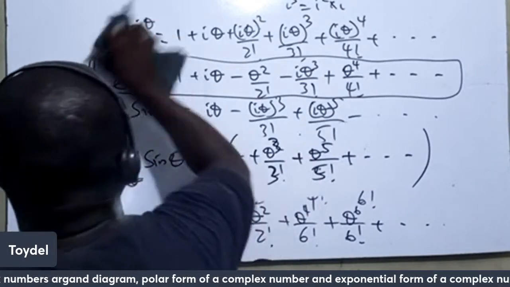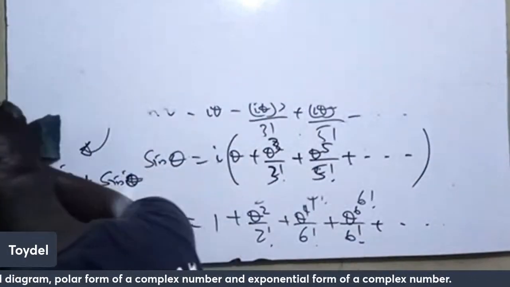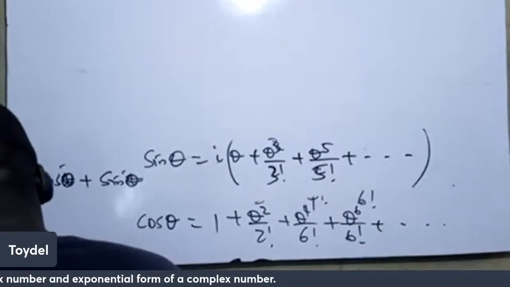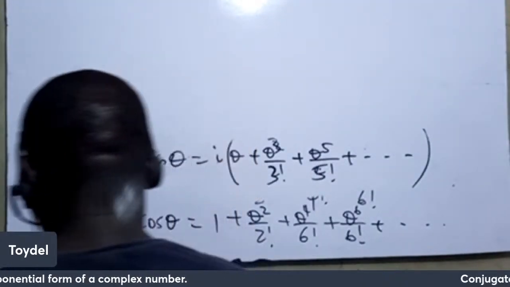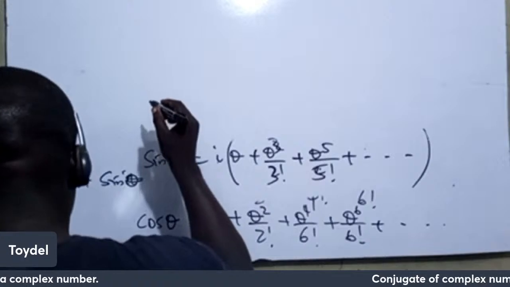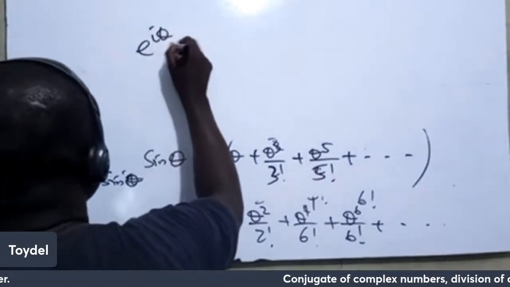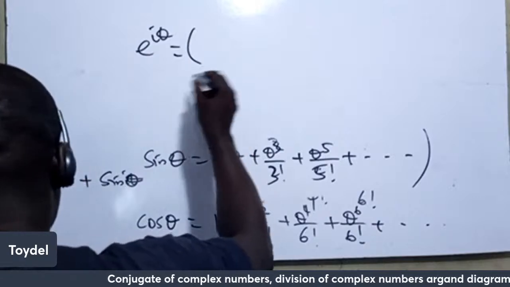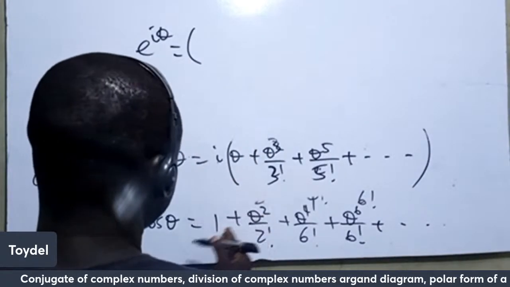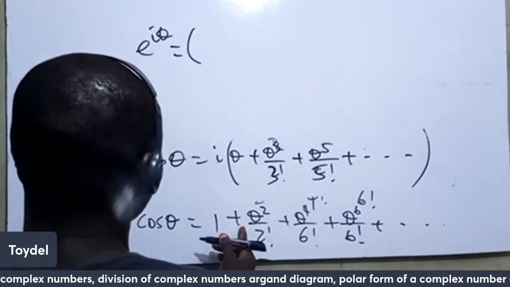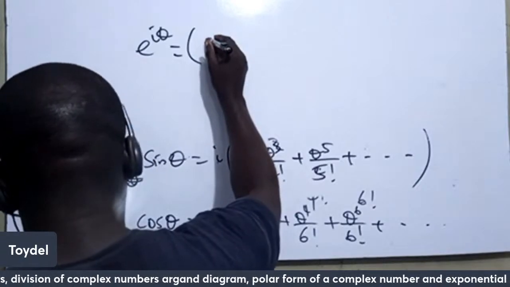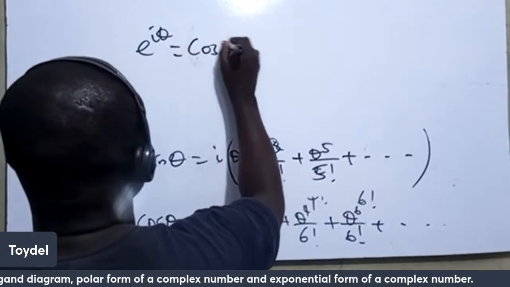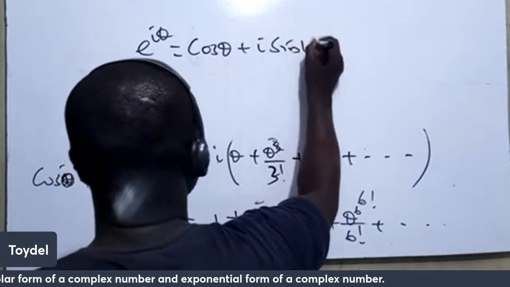So I can rewrite everything in this form now. What I'm trying to say in essence is that exponential i theta is equal to cos theta plus i sine theta.